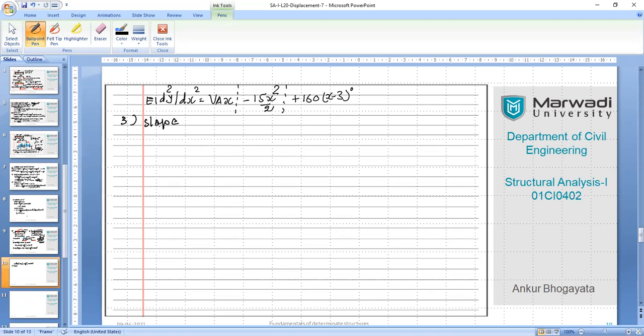Okay. So we'll write EI dy by dx equals VA x square by 2 plus C1 as the first constant, minus 15 x raised to cube upon 6, then plus 160 x minus 3, because the integration of the power 0 term will be taken as 1.